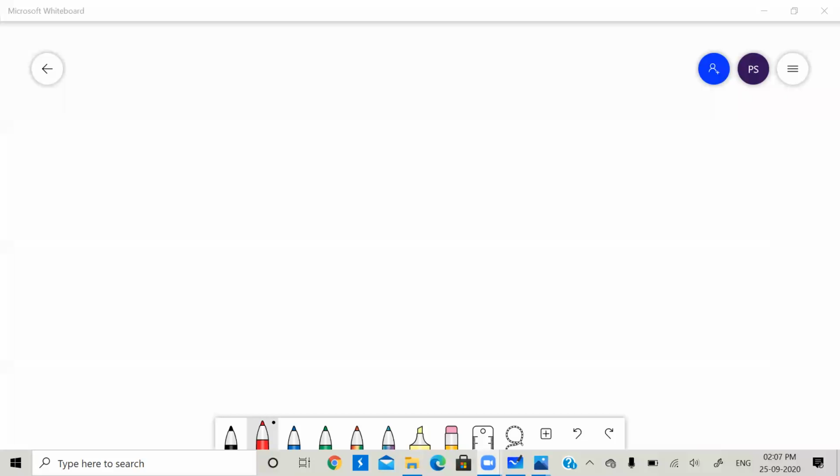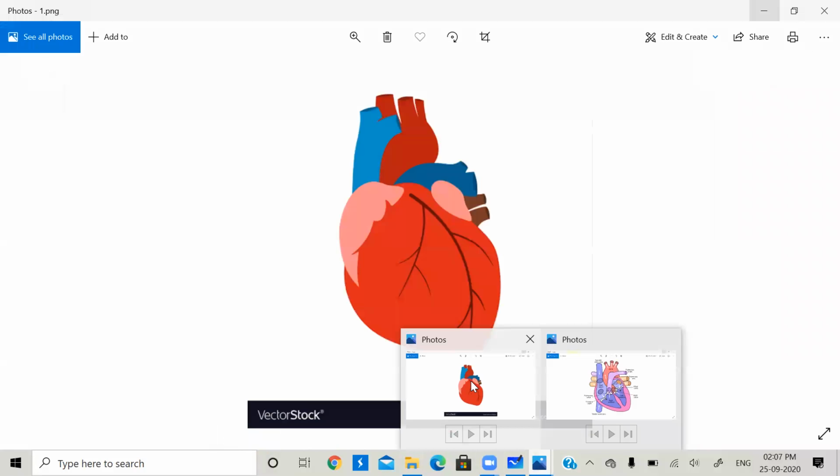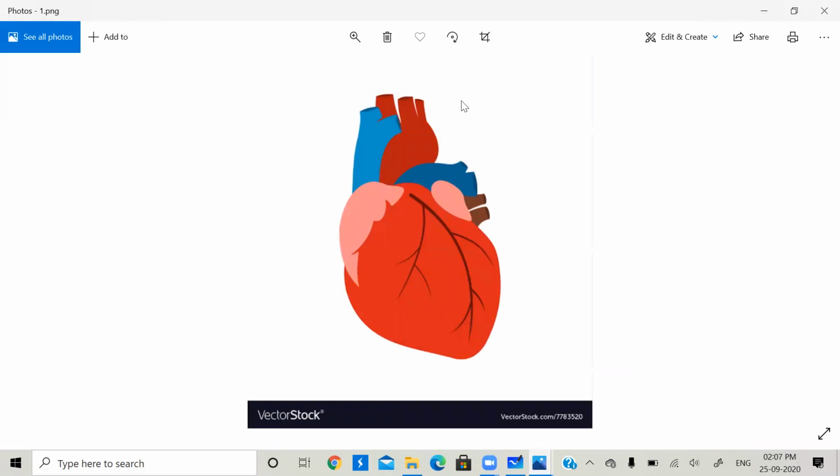Structure of the human heart. First we will see the external features of the human heart. So this is the human heart. The shape of the human heart is like a pear.